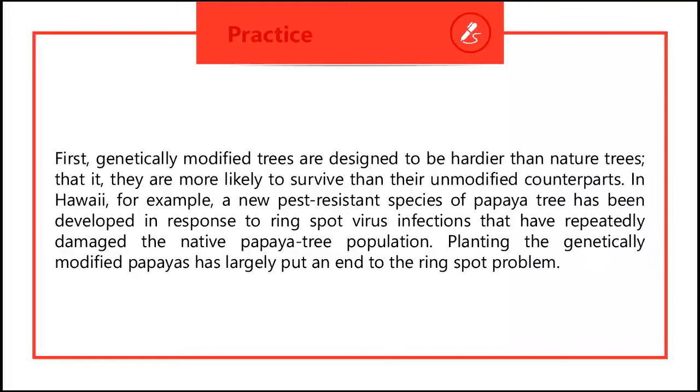A student answers: genetically modified trees are stronger and have better survival than unmodified ones. Okay, yes, Samsam, it's good. I hope you came, you came a bit later. About the paraphrasing, I have no problem.